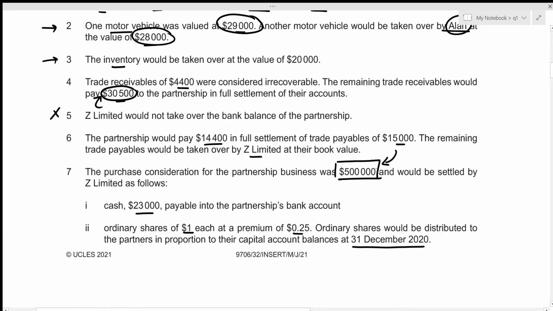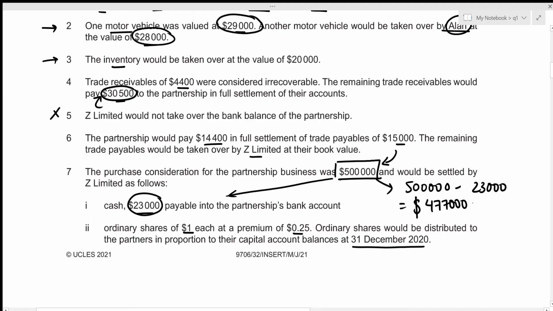This is the value that the partners will get for selling their partnership to Z Limited. Out of 500,000, cash of 23,000 will be payable into the partnership's bank account, so the remaining value is 500,000 minus 23,000, which amounts to 477,000.